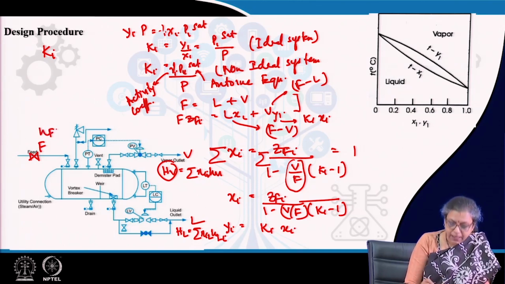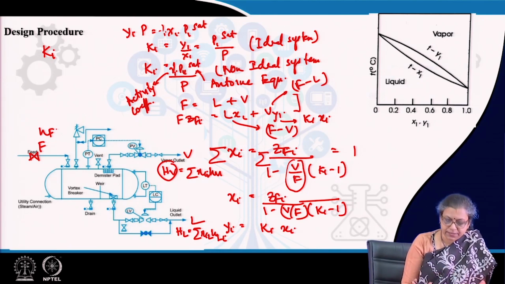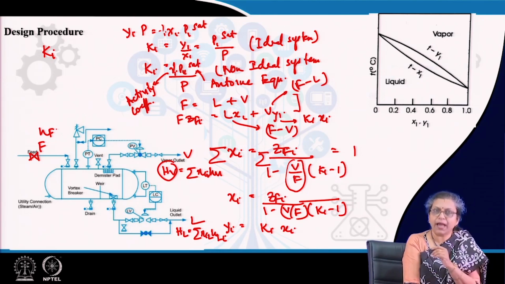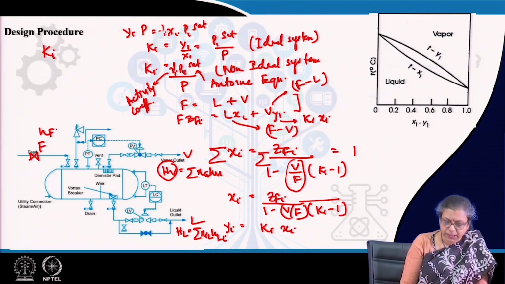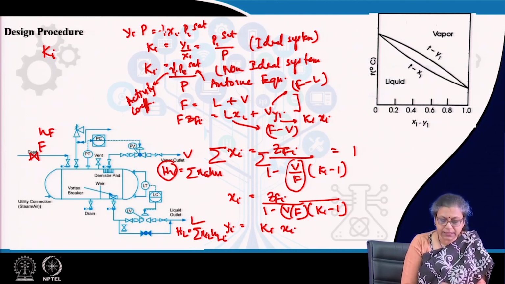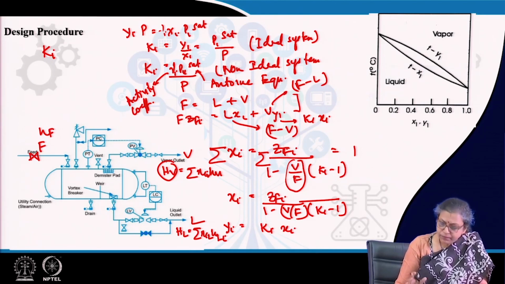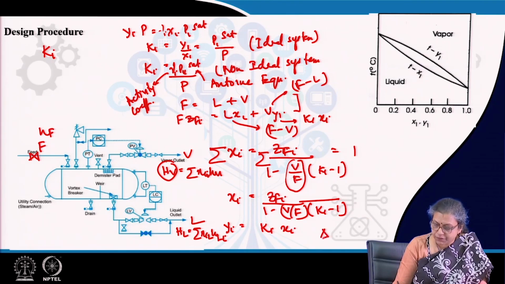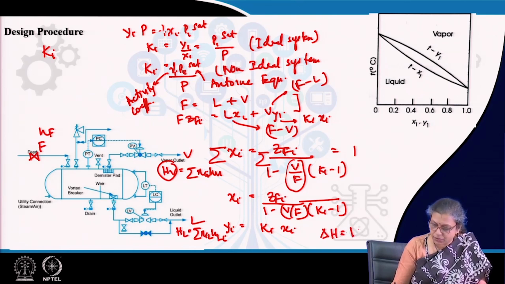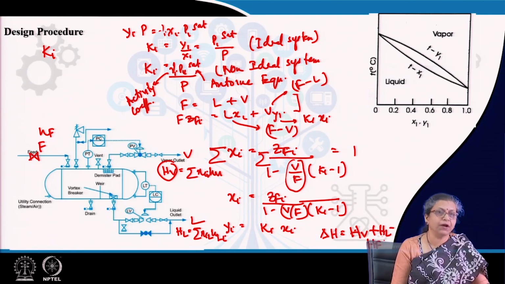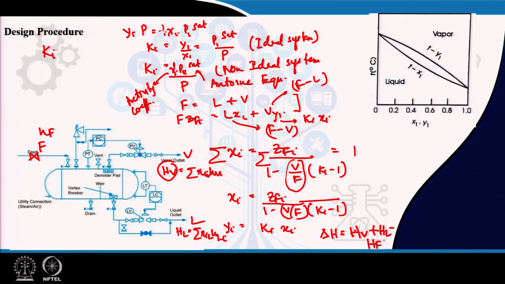Now, assuming that there are no heat losses etc., under balanced conditions what do we expect? We expect that the enthalpy in should be equal to the enthalpy out. So, what do we do for this particular case? Suppose we define the enthalpy difference delta H as HV plus HL minus HF, and we find out what this delta H is.